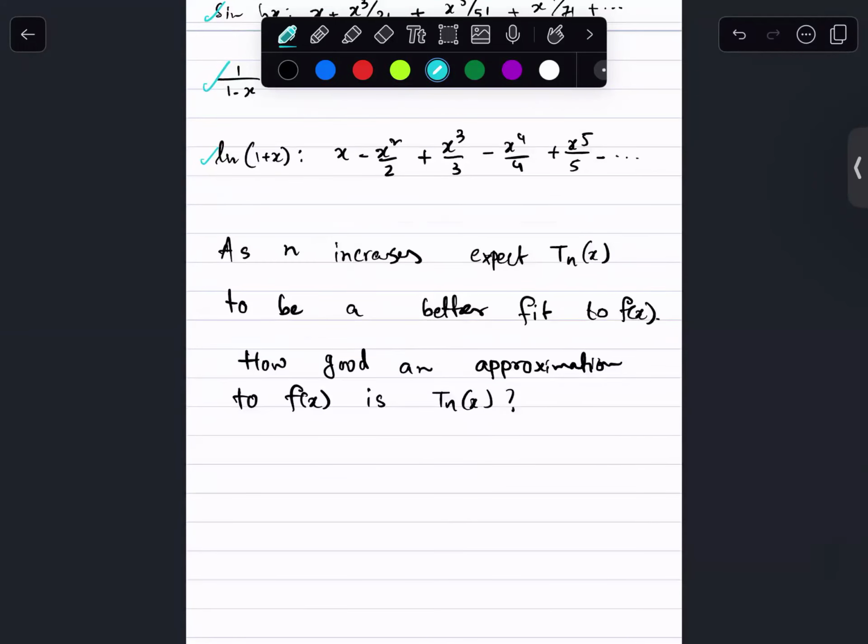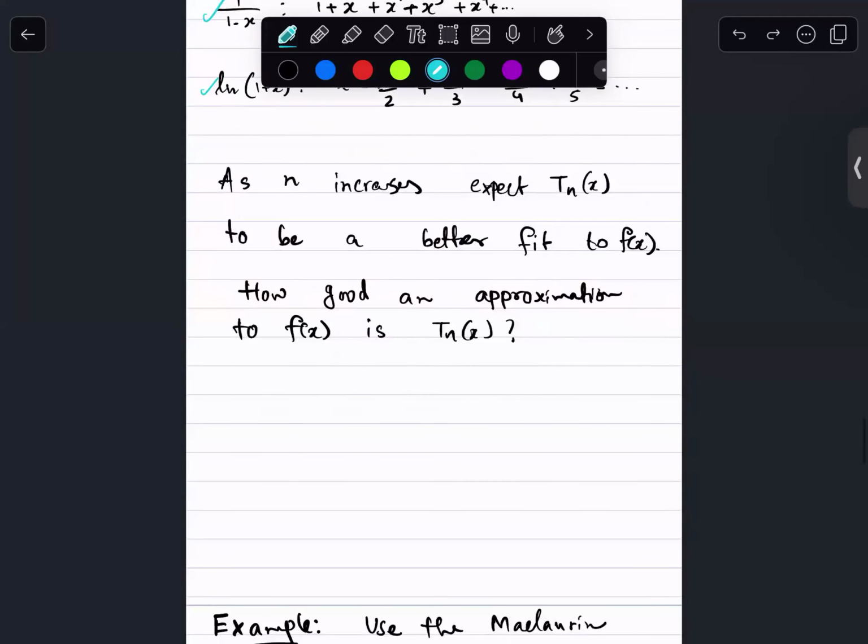Okay, so the next portion is about getting the error in that approximation. As n increases, my T_n(x) will be a better approximation for f(x). But the question is how good an approximation T_n(x) is for f(x).